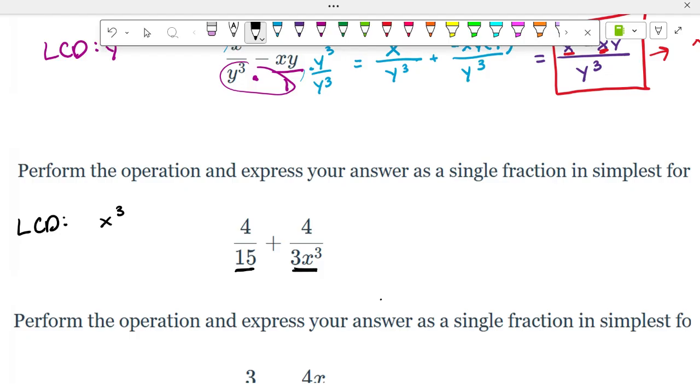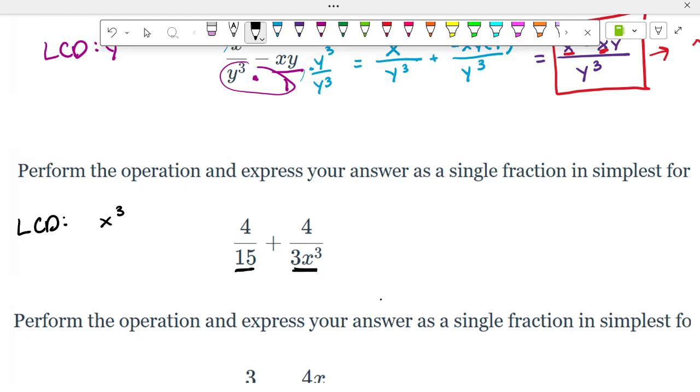So let me ask you this. Between 15 and 3, what's a number that can be divisible by both 15 and 3? For example, 45 is one because 45 divided by 15 is 3, and 45 divided by 3 is 15.